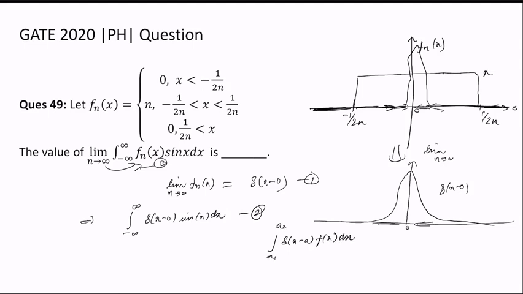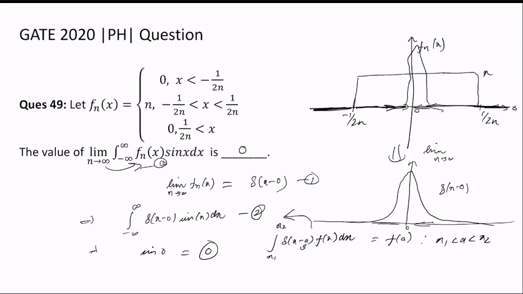This is nothing but f of a, given a lies between these two limits. So we can use this property in equation 2. Since our delta function is centered at 0, this a value is 0, therefore this is nothing but sine of 0, which is 0. Therefore the answer for this question is nothing but 0.